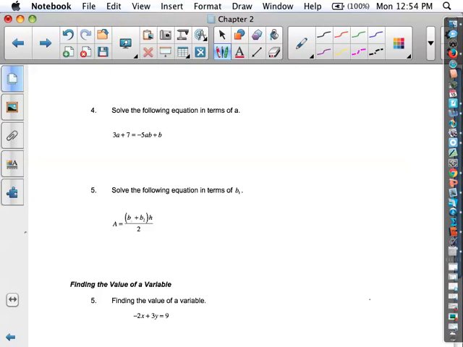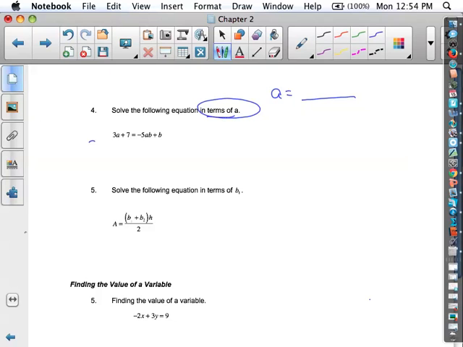Okay. Number 4, now we have an A. We're solving for A, and that's when it says solve the following equation in terms of A. That means A is equal to something. Remember, A has to be 1A and has to be isolated by itself. This time I have two terms with A. They're on opposite sides of the equal sign. So the first thing I need to do is rectify that.